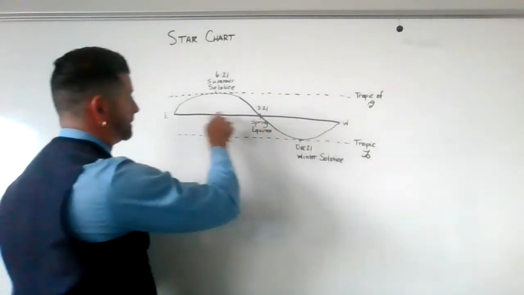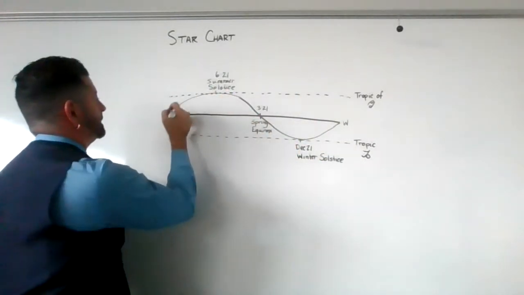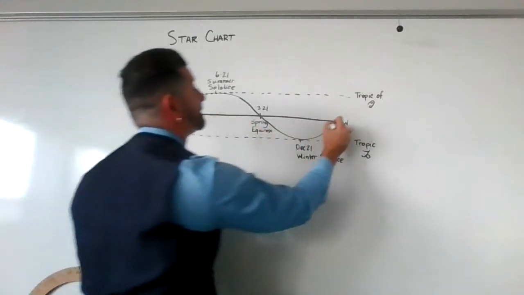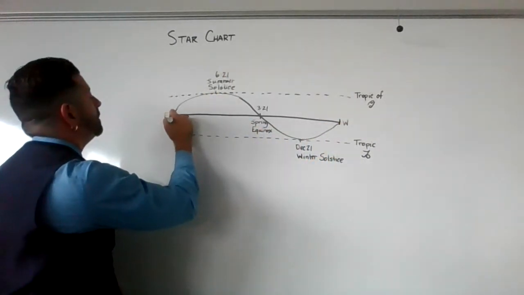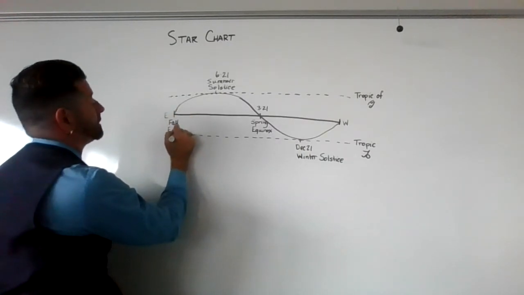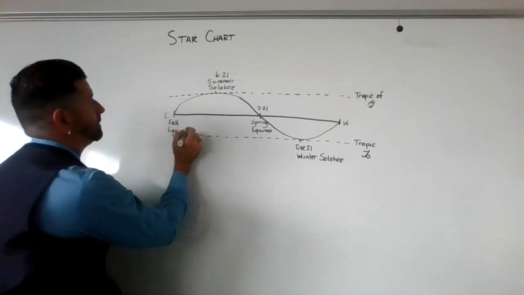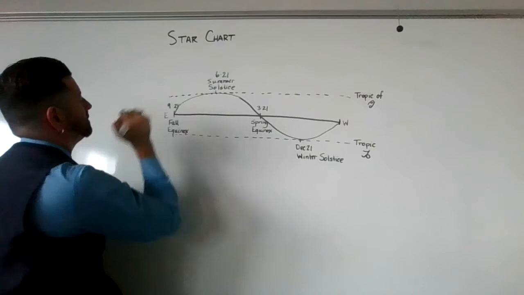This is our celestial equator, the ecliptic. Spring equinox is here, and that makes this point the same as this point, and that would be fall equinox, or 6 months later from March, September 21st.